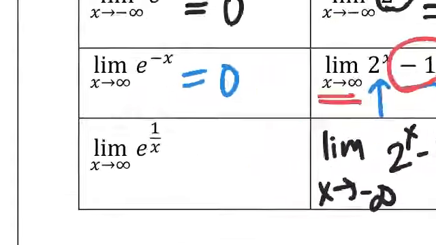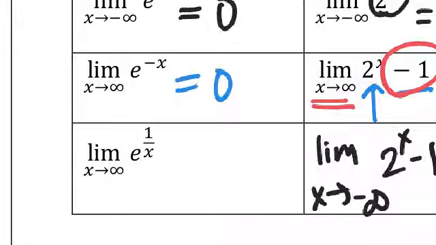Okay, let's think about e to the 1 over x. With this type of problem, we want to think through that as x goes to infinity, it's really a composite function, and I'll talk a lot about composite limits in a couple of lessons from now. But what we can notice is that this function is going to become like e to the limit of 1 over x as x goes to infinity, right?